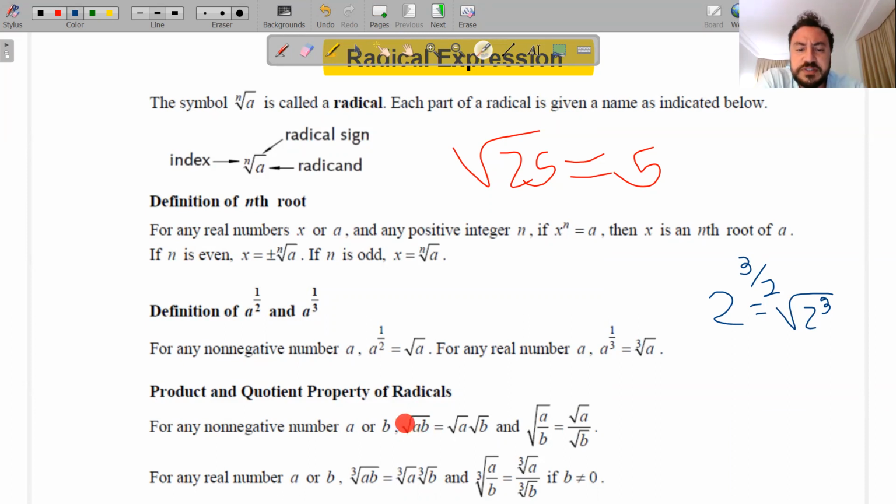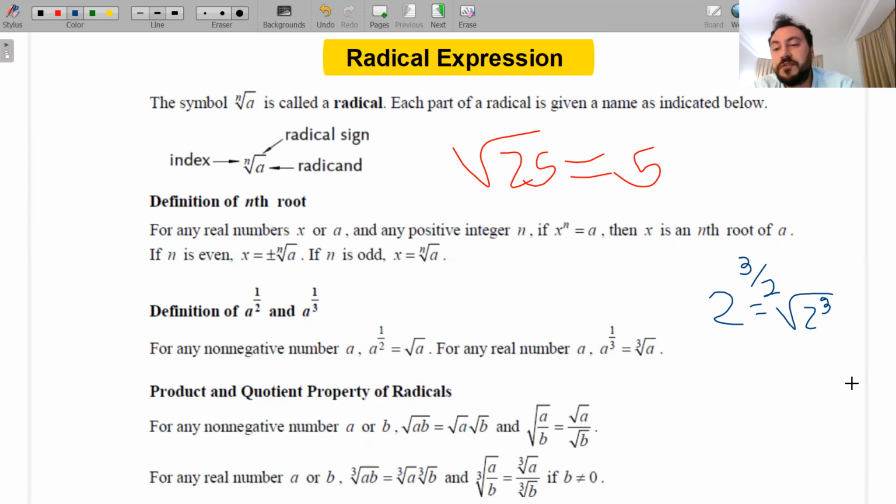For example, in this case, the square root of a multiplied by b can be written as the square root of a times the square root of b. And this is valid also for fractions, which we can rewrite as the square root of a over the square root of b. The same can be applied for any type of root. This is very advantageous for some specific exercises.